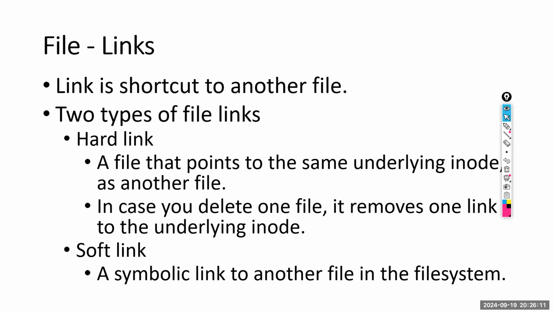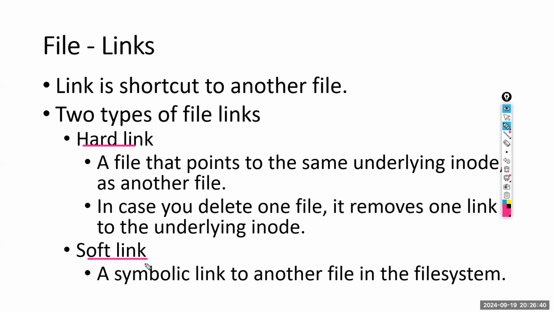Right, so then there's a concept called link. It's something like a shortcut in Windows. Okay. But this is slightly different from a shortcut. So a link is, as the name says, a link to another file. There are two types of links, hard links and soft links.